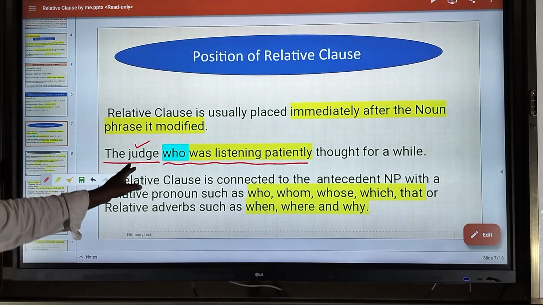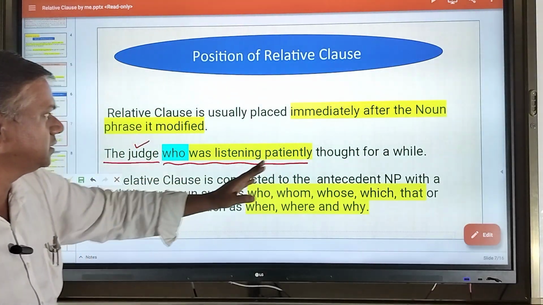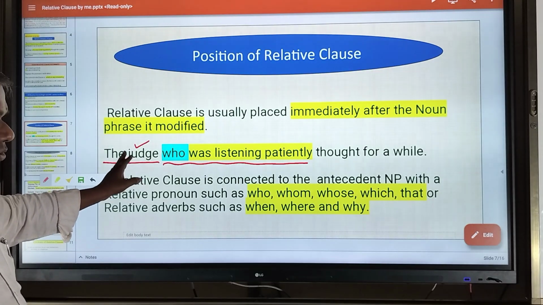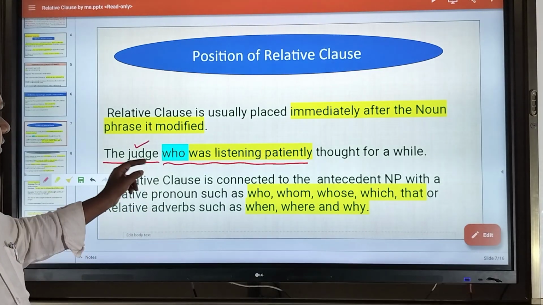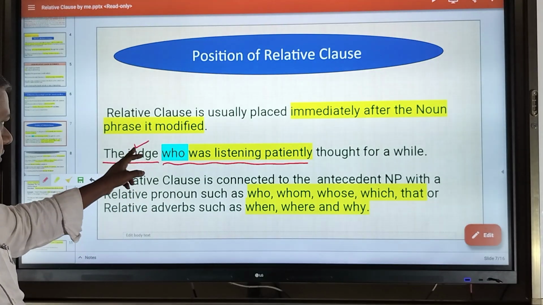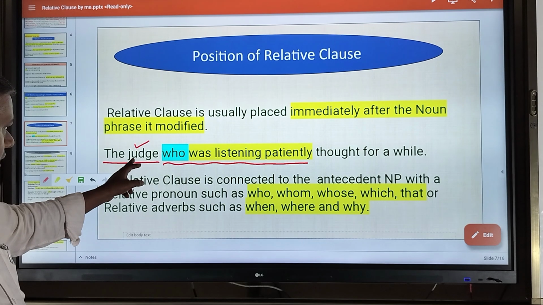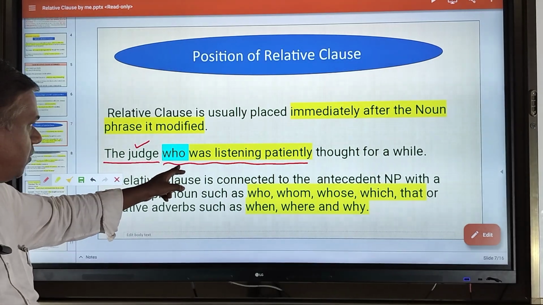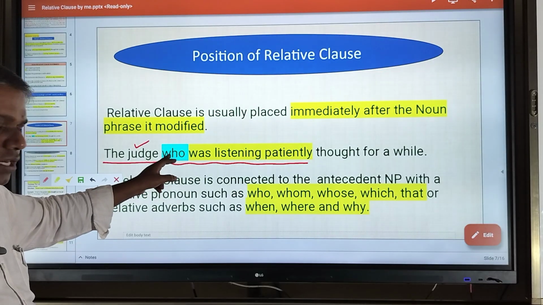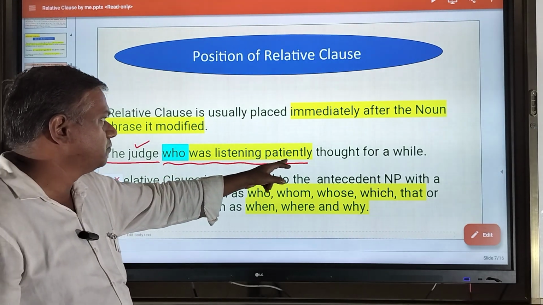The judge thought for a while is the main clause, and in this main clause judge is the noun, it is the subject, and this subject is relativized by the relative clause who was listening patiently.